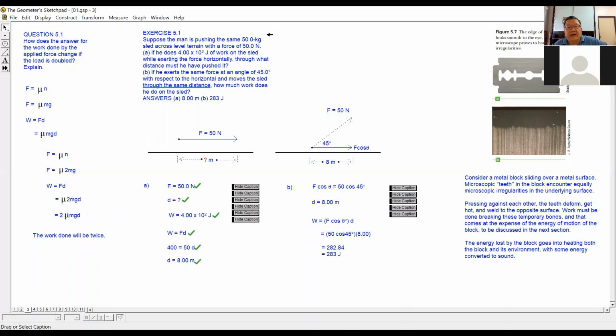But if the force is like that, the angle is here, there's no angle here. So this component is not cos anymore. The one which has no angle is F sine theta. This component is F sine theta.